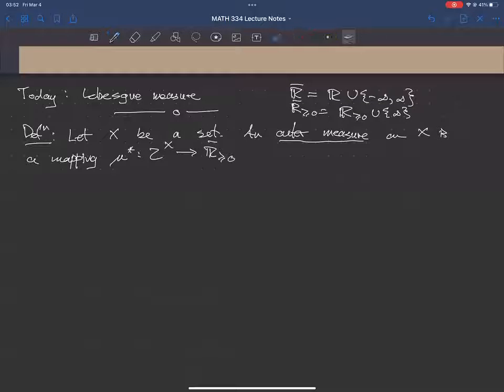Okay, so 2 to the X here stands for the subsets of X. Okay, so that's my notation for the power set of X. And so an outer measure takes a subset and assigns to it an extended non-negative real. Okay, so again, possibly allowing infinity. Okay, so an outer measure should satisfy some properties.